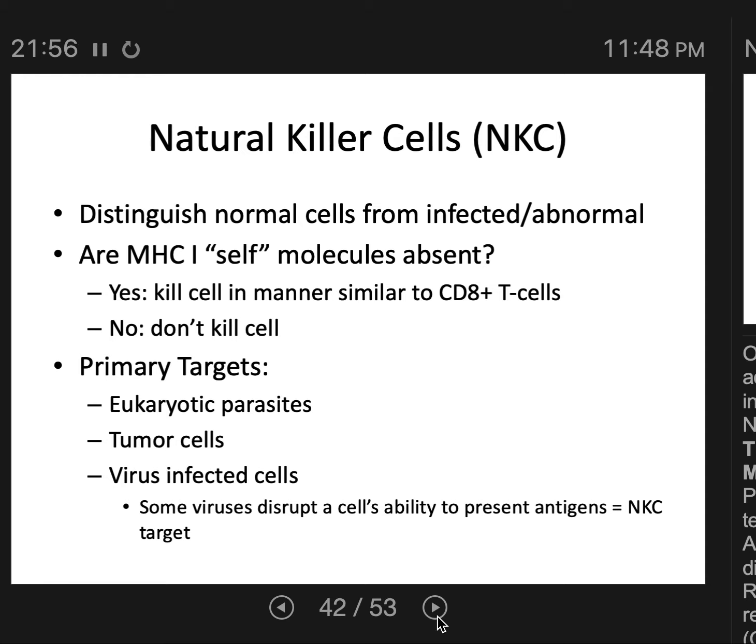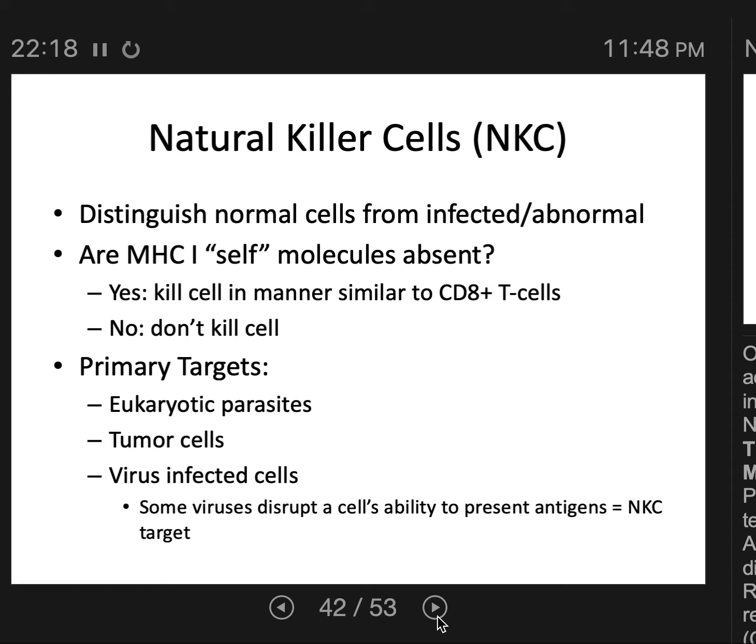Another target for natural killer cells are tumor cells. Sometimes, not always, but sometimes. You know that tumor cells are created from over-replication of your own normal cells. Something's wrong with the genes that regulate the cell cycle, and they start proliferating and dividing much too rapidly.